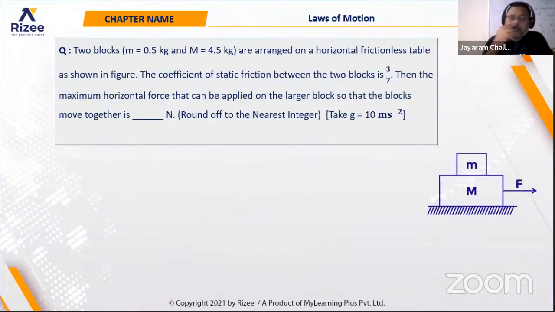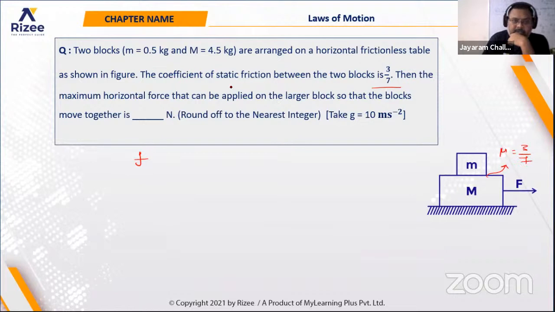Now coming to this particular block-on-block question, it is a special question where we apply the force on the lower block. Let me first find the maximum coefficient of friction. Here he has given the coefficient of friction mu equal to 3 by 7.